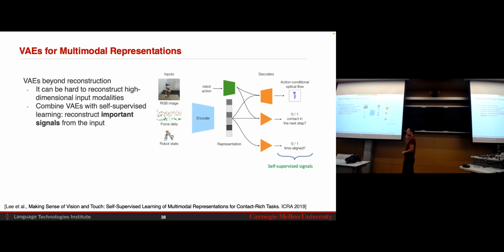So instead of actually reconstructing your data, you can also reconstruct any self-supervised signal that you wanted to learn. For example, going from what it sees to optical flow, using force data and image data to predict whether you're going to touch the object in the next time step, the 0, 1, and given a bunch of signals predicting whether it's aligned through time, so that it makes sure you learn the alignment objective.